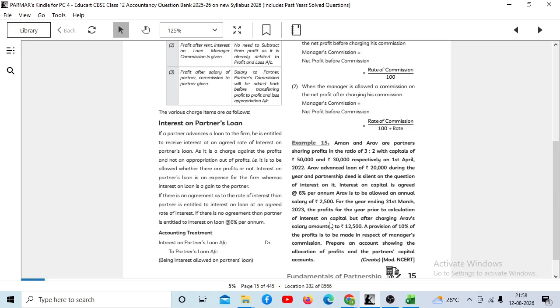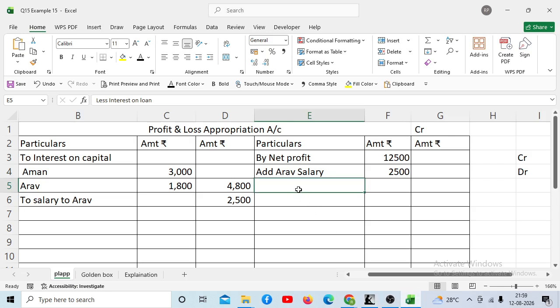Yes. Now here we have to subtract one more thing also. See, he has given a loan of 20,000, even though the partnership deed is silent. But we have to follow the Partnership Act. What does the Partnership Act tell? 6 percent. We have to charge 6% interest on loan. That is to be subtracted. Less interest on loan.